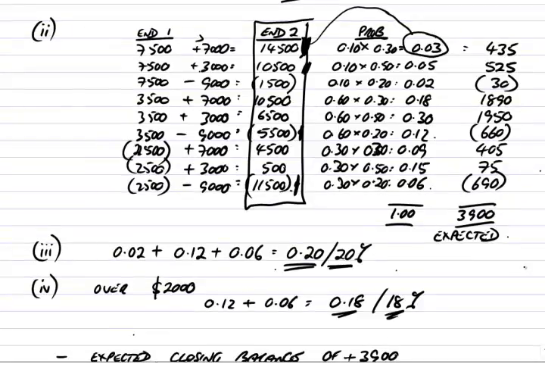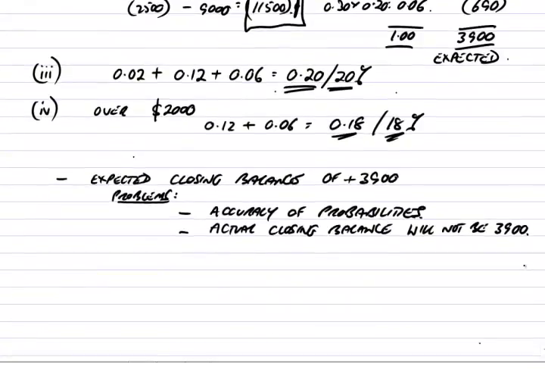And so actually more useful is what we did in part 4. Remember, our critical problem, it says in the first line, we're concerned about the overdraft exceeding 2 million.